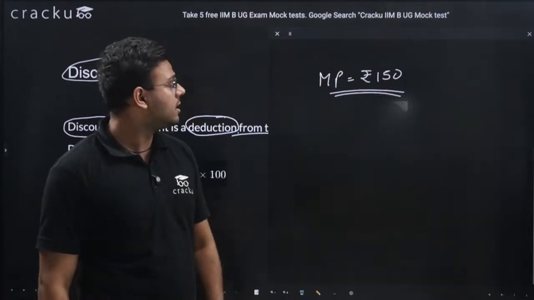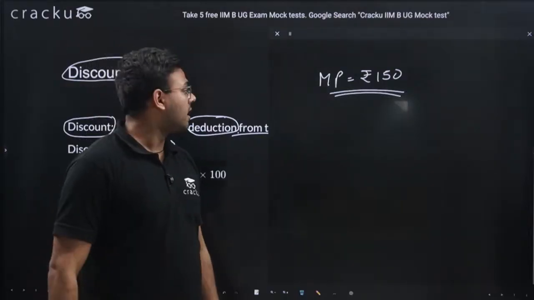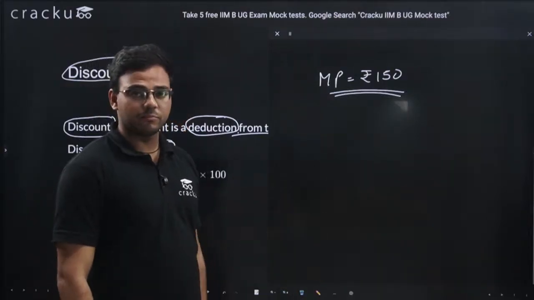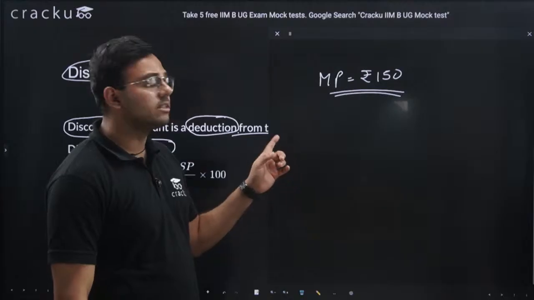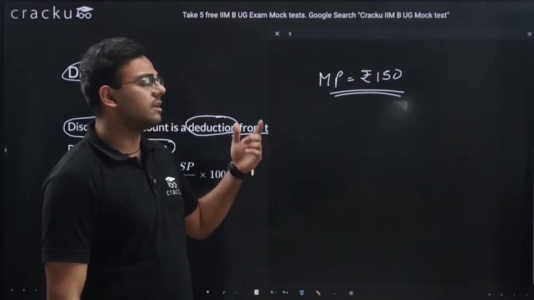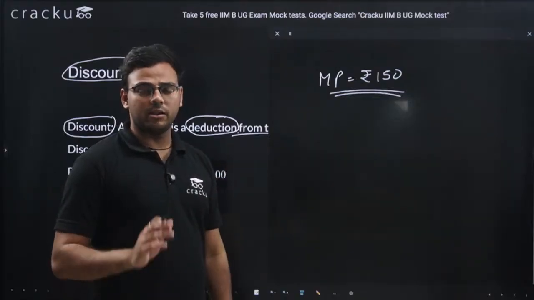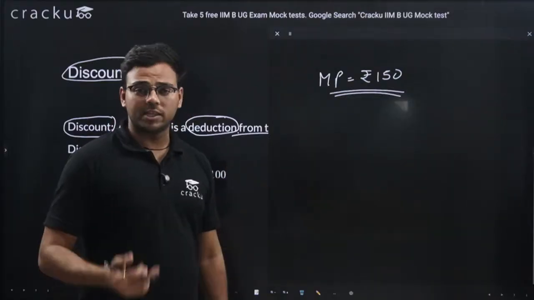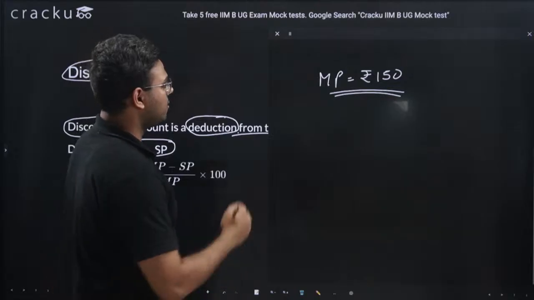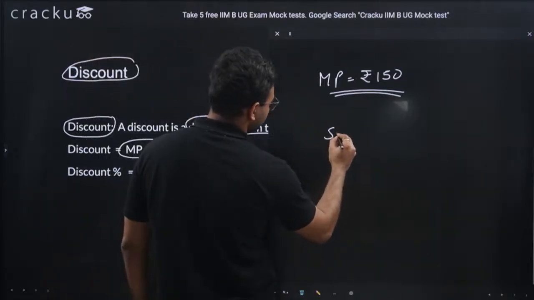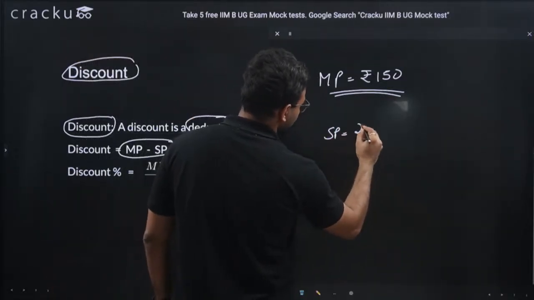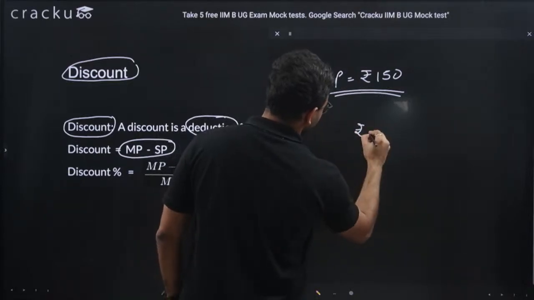You said that you cannot pay rupees 150. You need some reduction in this price. You feel that rupees 150 is too high. So as a shopkeeper, I'll give you the price at rupees 120.